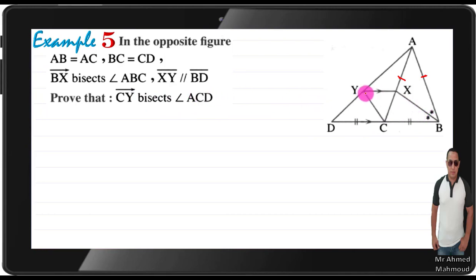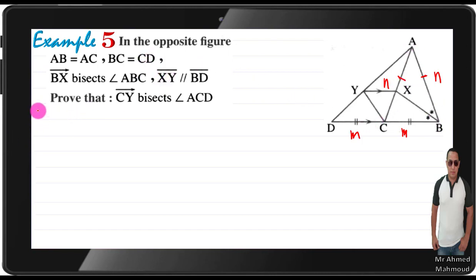Okay, XY parallel to BD. Prove that CY bisects angle ACD. Also I'm going to call BC, for example M, and AB and AC N. Let BC equal CD equal M, let AB equal AC equal N.